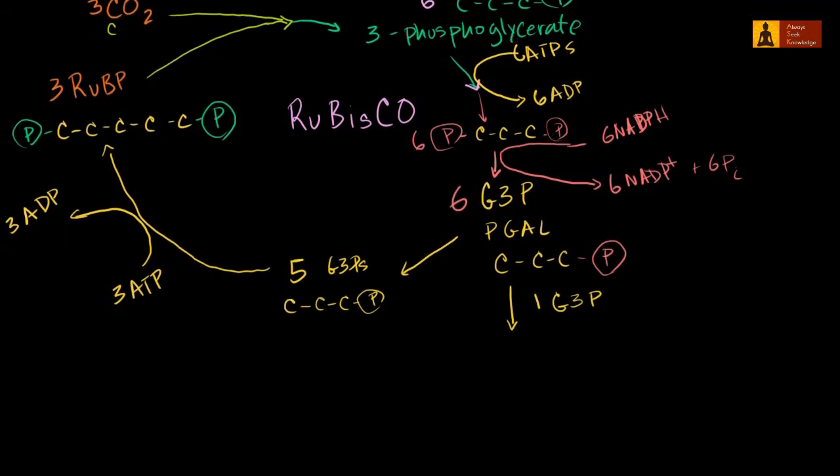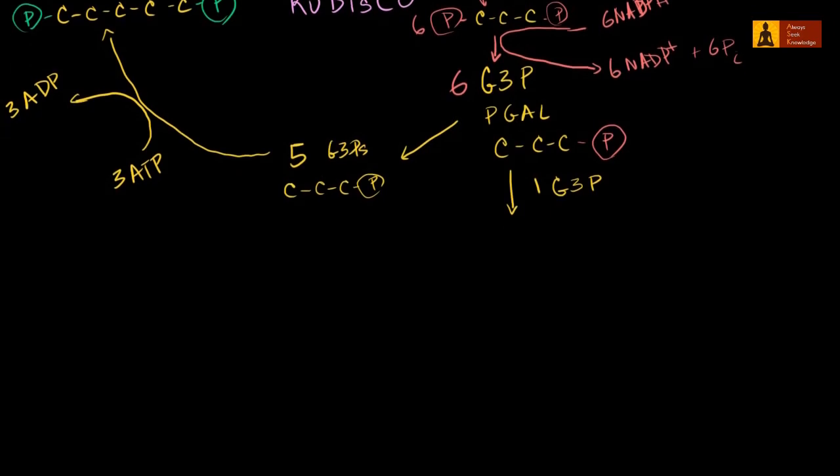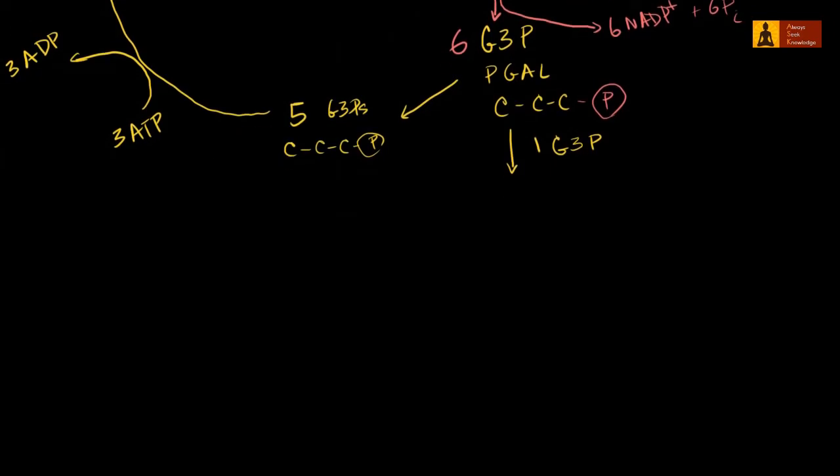And this mechanism, so let's say you have your ribulose biphosphate hanging around. We're in the stroma of some of our chloroplast. So let's say we have our 5 ribulose biphosphates. And instead of reacting with carbon, it can actually react with oxygen.